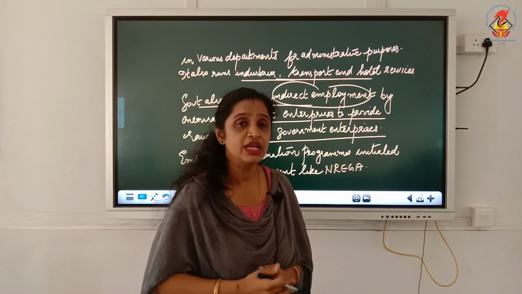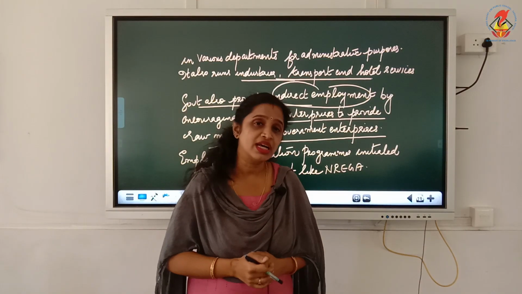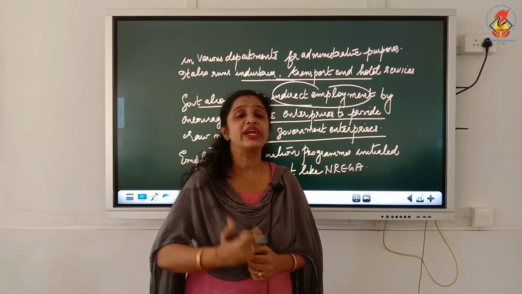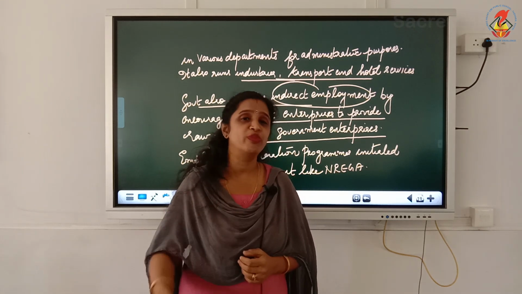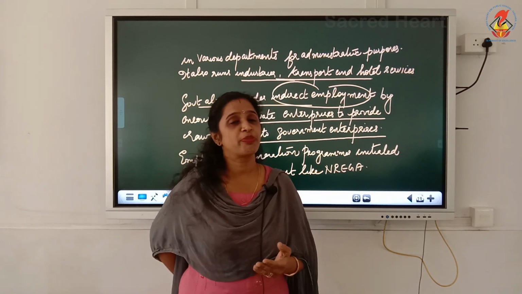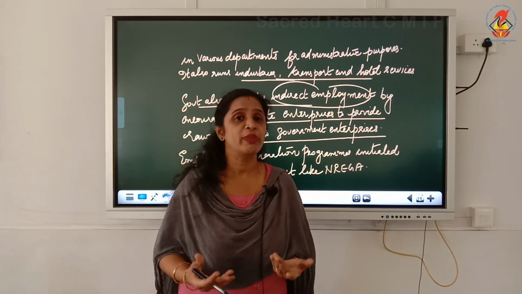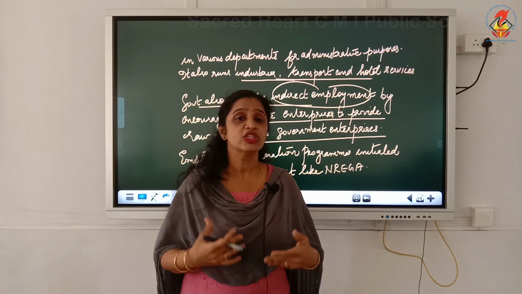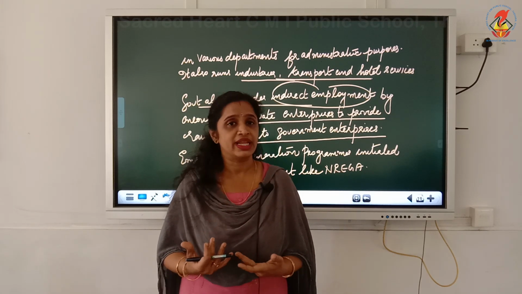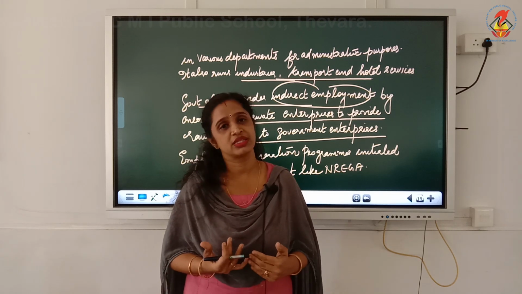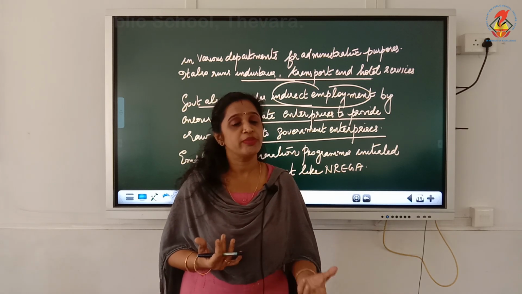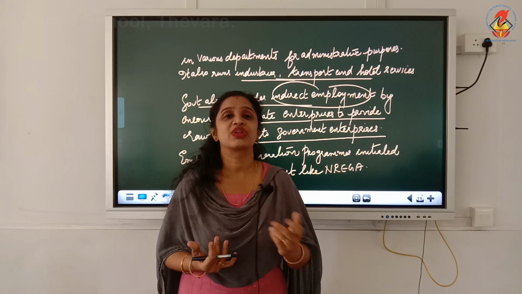The government is involved in the production of so many goods and services, and for the production of goods we need raw material. The government can access these raw materials from private enterprises, from private business parties. So it will be an encouragement for them to produce raw materials for the government.